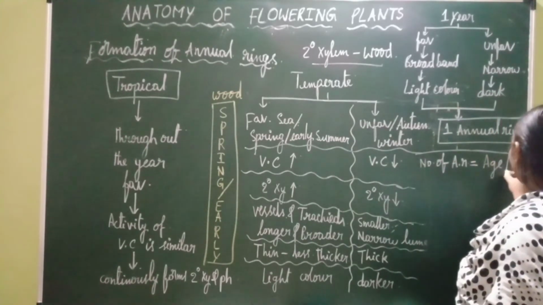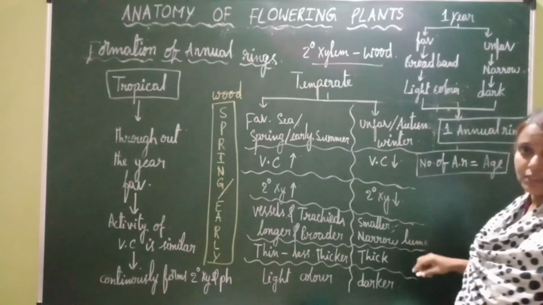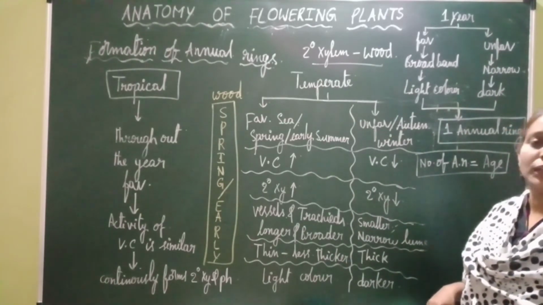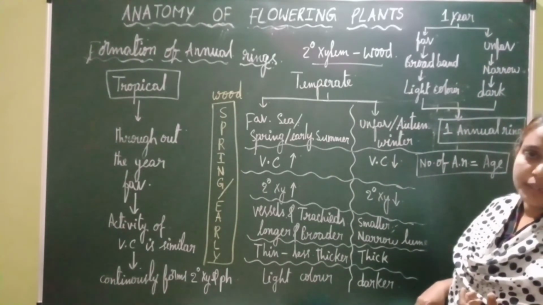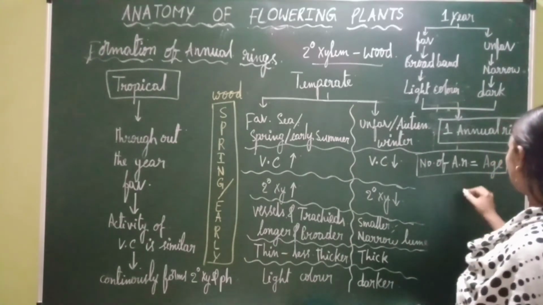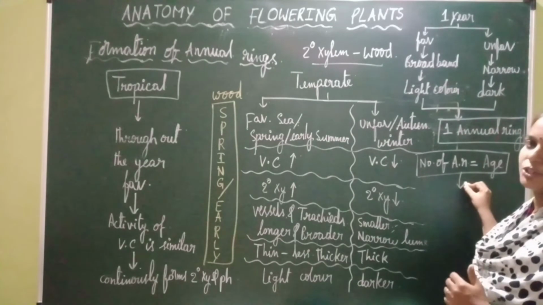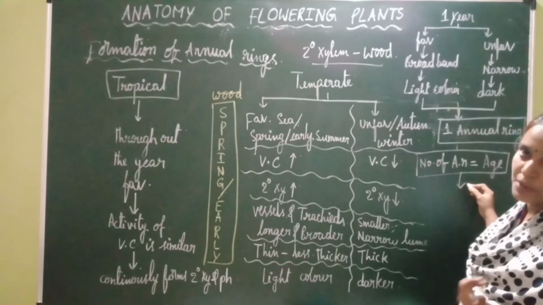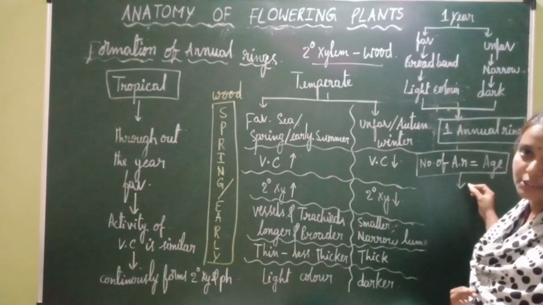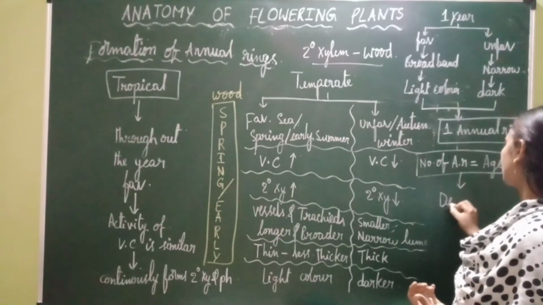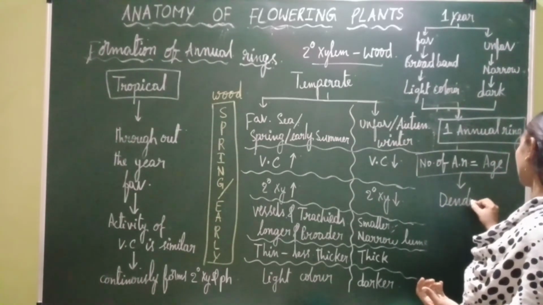The science which deals with the study of the age of plants by counting the number of annual rings is called dendrochronology.